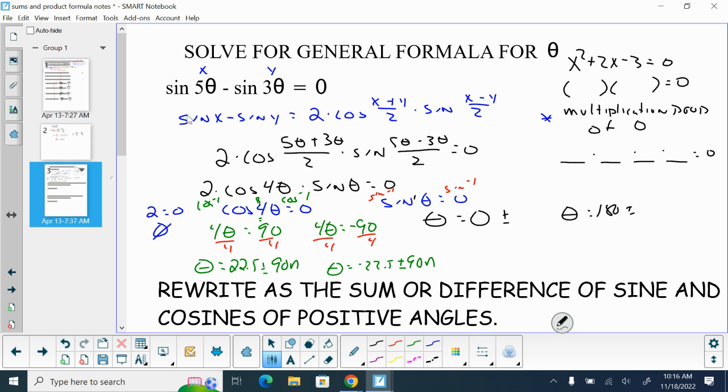Our b value now is 1, so we have plus or minus 360n. So we have 4 general solutions here that will give us values that would work for this. Once again, in this form we can't solve it. Get it in a multiplication form, and we can now solve it.